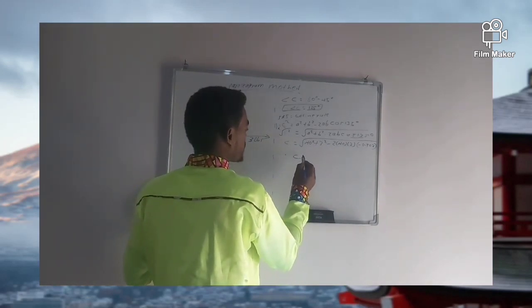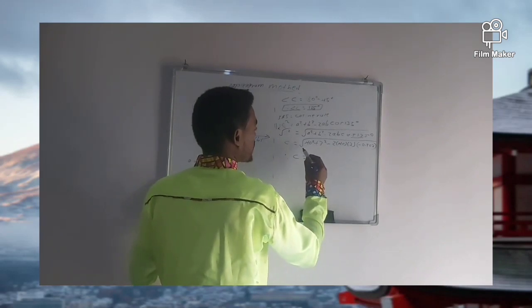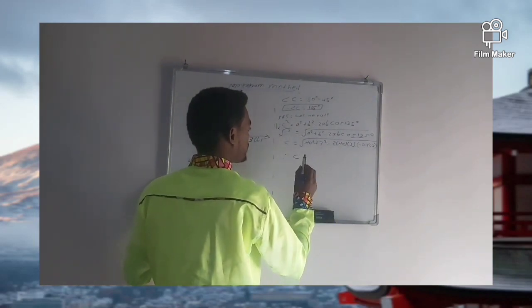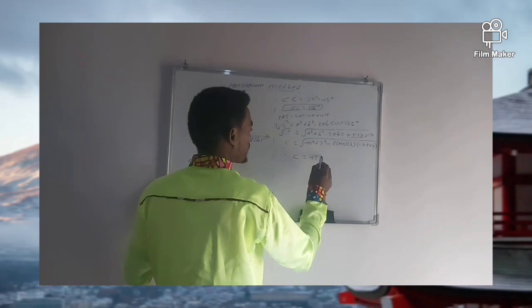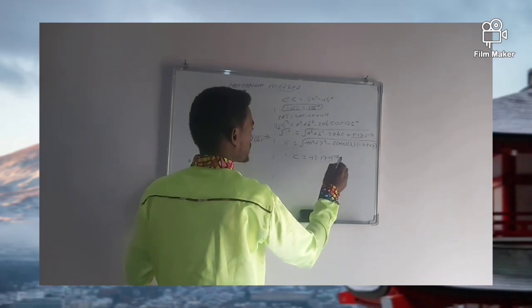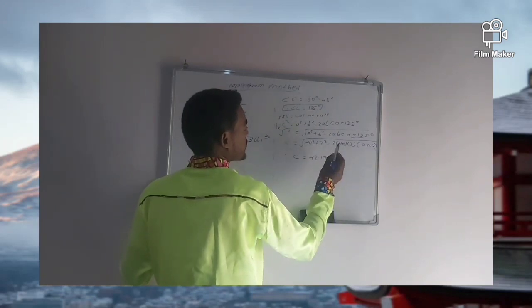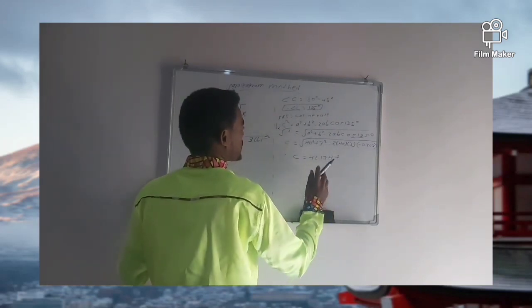Therefore, if we use a calculator and compute, we will have around 42.1747. This minus is multiplied by this minus, it becomes plus.